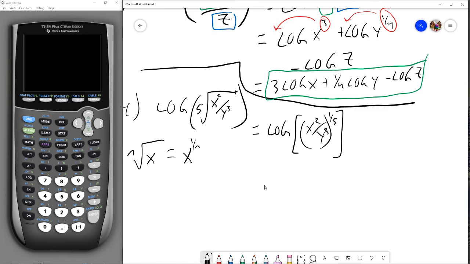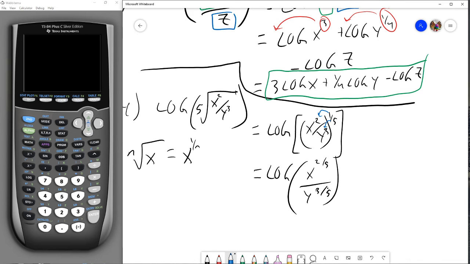Now you have two options. You can move this 1/5 exponent out front, that would be using the law of logs, or you can distribute using your exponent rules. It doesn't really matter which way we go. I think what I'll do is just distribute here. So we got log of x to the 2/5 over y to the 3/5.